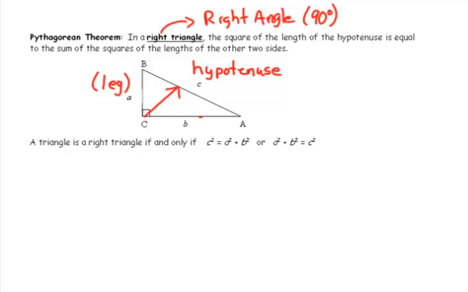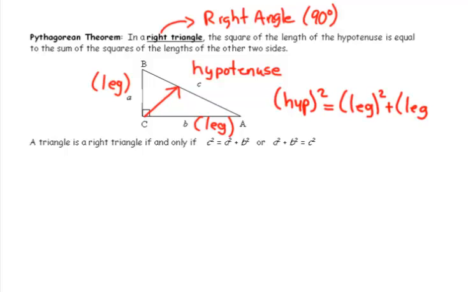So we have a leg and we have a leg. So what the Pythagorean theorem says is that the hypotenuse squared equals the sum of the squares of the legs. And you want to learn that vocabulary.